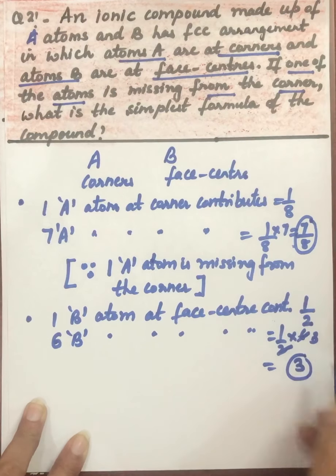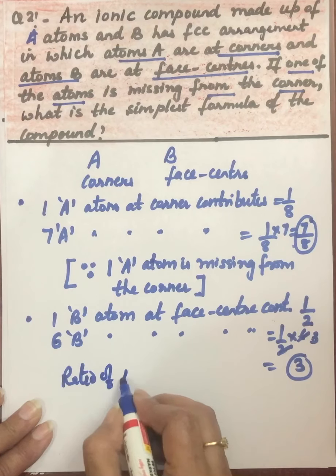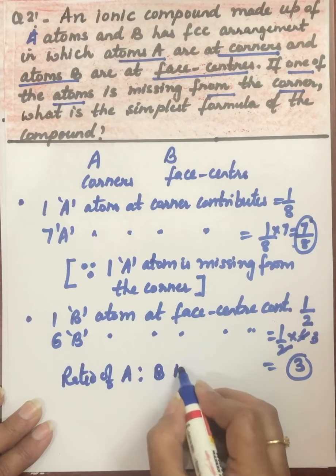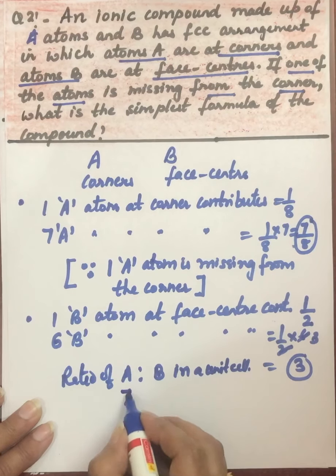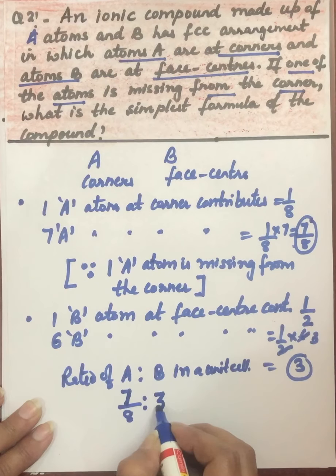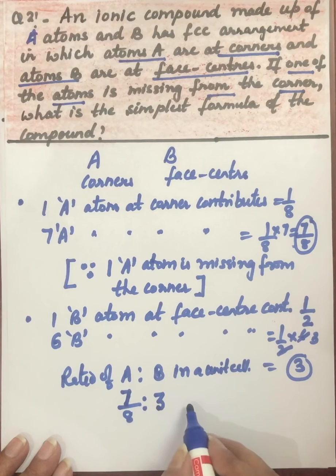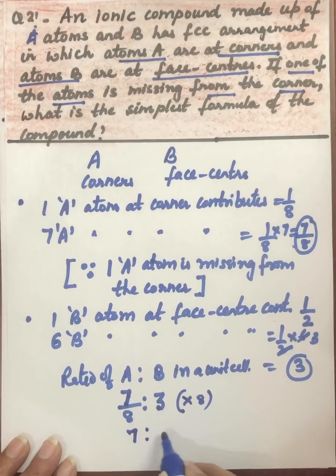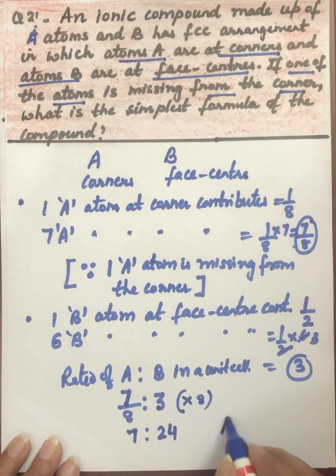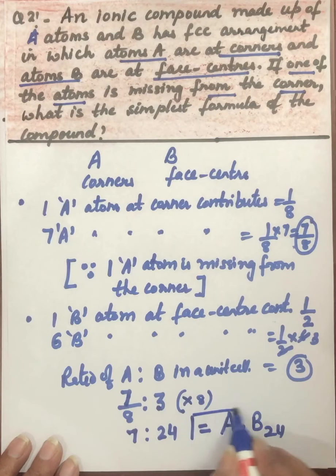So we have 3 B atoms. The ratio of A to B in a unit cell is 7 by 8 is to 3. To change this to whole numbers, we multiply by 8. When we multiply by 8, this becomes 7 and this becomes 24. So the formula is A7B24. This is the formula of the compound.